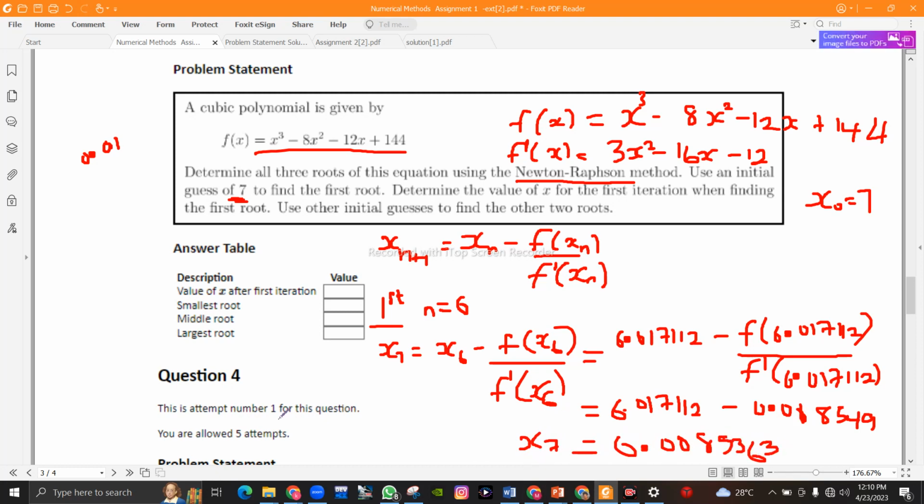So the error is now, if you subtract it, 0.0085. It's getting lower. We want 0.001 minimum. So let's move on to the 8th iteration.